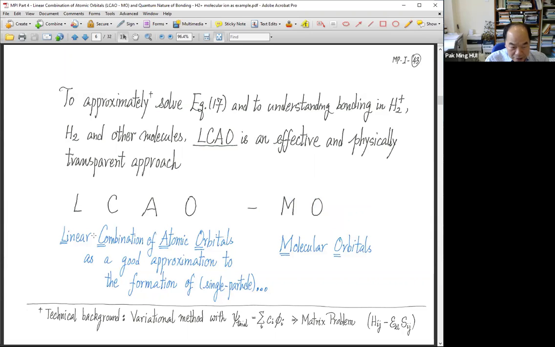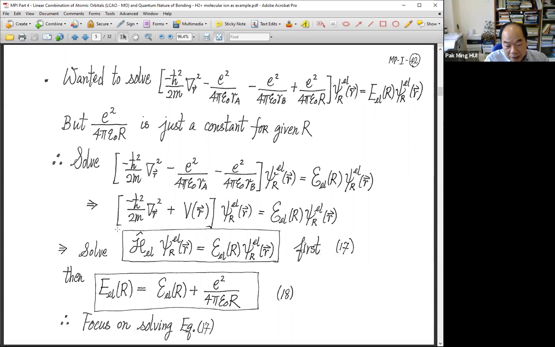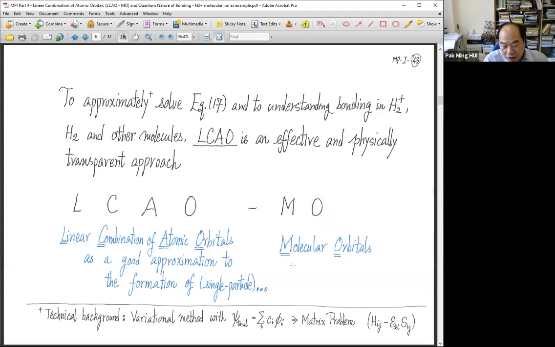The full name is linear combination of atomic orbitals, which will be a good approximation to the solution of this molecular ion Schrödinger equation. The resulting wave functions, after you linearly combine this, will be called molecular orbitals.